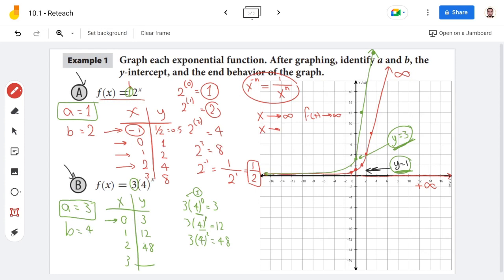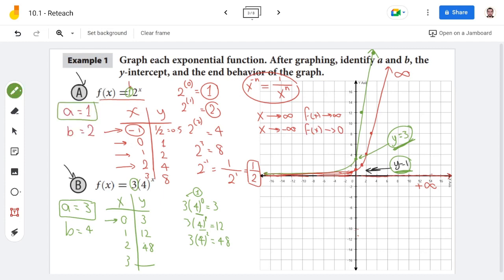Now, when x is approaching negative infinity, so while I'm moving on the negative side, I know that my function goes down, but it's not going under the x-axis. As I told you, it will go closer to the x-axis, to the value 0. So when x approaches negative infinity, my function goes to 0.